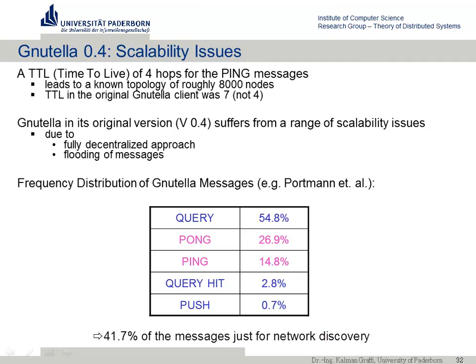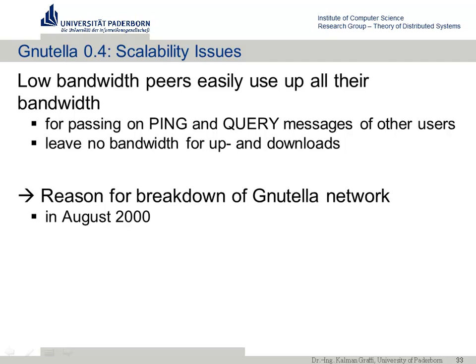They found that the ping and pong messages for keeping the network connected were very large, and overall the queries were also generating a lot of load. At the end of Gnutella, up to August 2000, most of the peers were just handling ping and pong messages and queries and didn't have any bandwidth left for uploads and downloads.